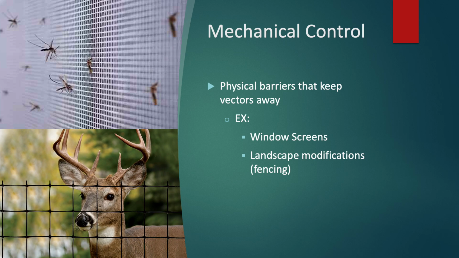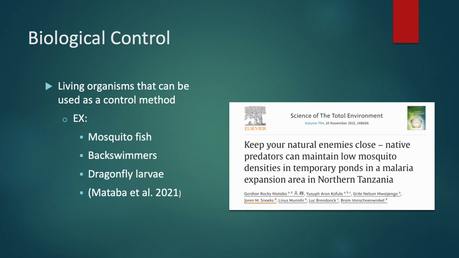Following this pyramid, we have biological control as well. These are living organisms that can be used to control ticks and mosquitoes, as we're using that as an example. For example, there are mosquito fish which feed on aquatic mosquito larvae, and these may be added to ponds or other contained bodies of water to control mosquitoes. This paper specifically discusses a tactic like this, the biological control.